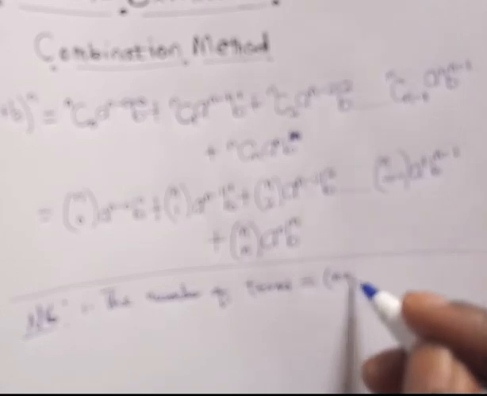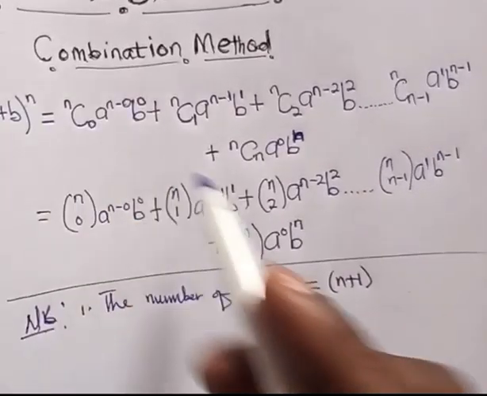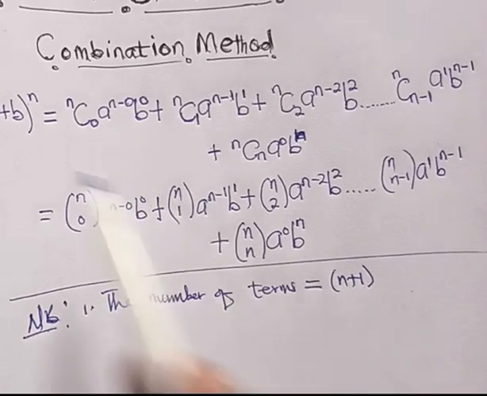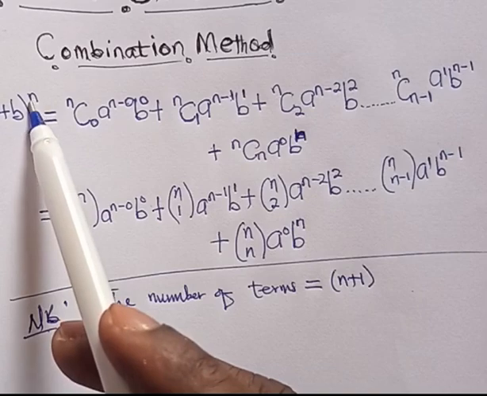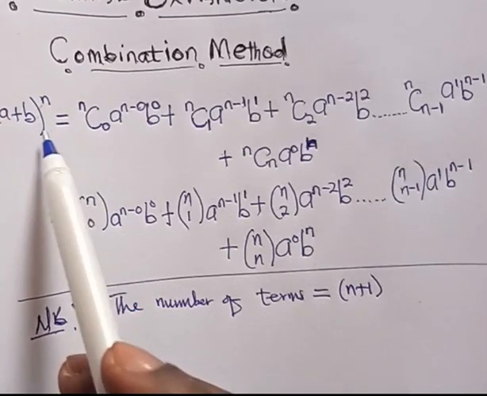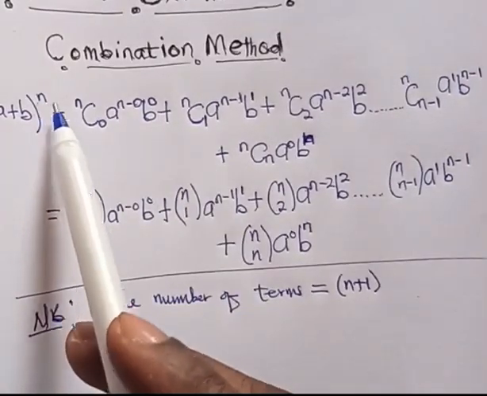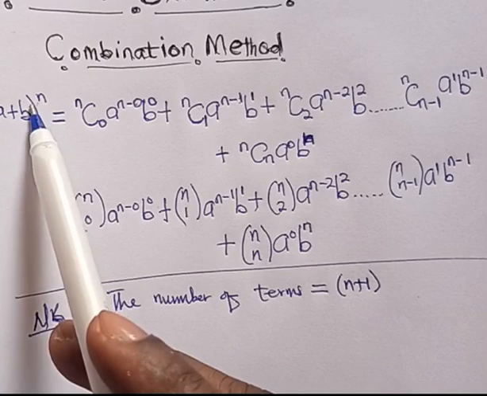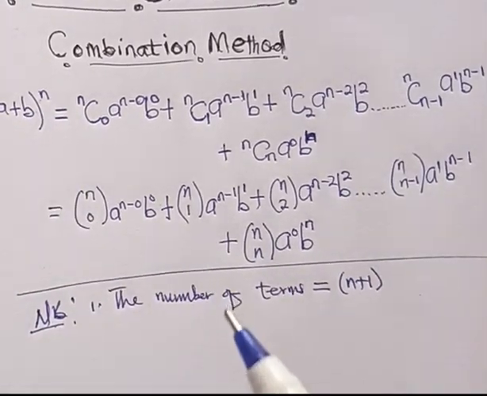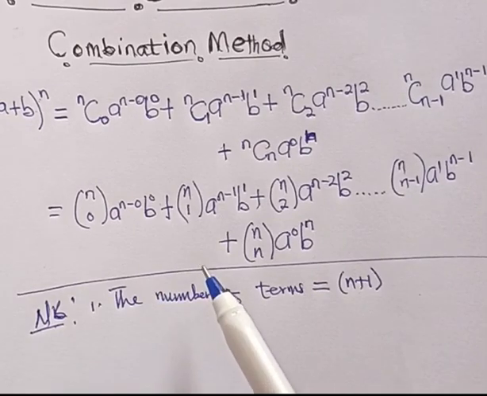That's n plus 1. If you want to know the number of terms, you only have to add 1 to the exponent. So if I've given you a question and you have the exponent as 3, if you want to know the number of terms, just add 1 to 3 and you get 4. So it means that after your expansion, you are going to get 4 terms.